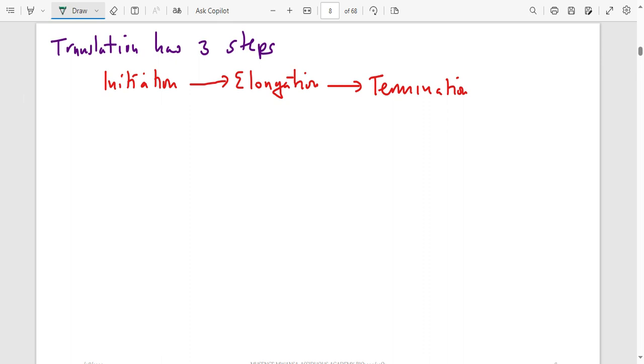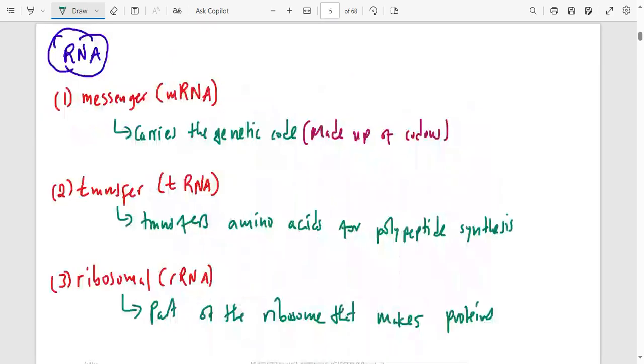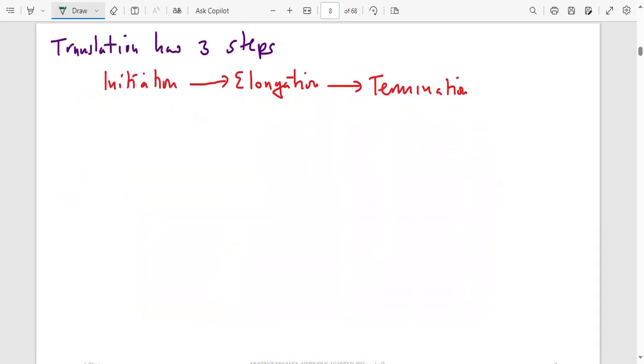So in initiation, remember, mRNA was formed back in the nucleus. These three types of RNA. Take note that rRNA is formed specifically in the nucleolus. Now that we have formed RNA, the RNA is going to come out of the nucleus.